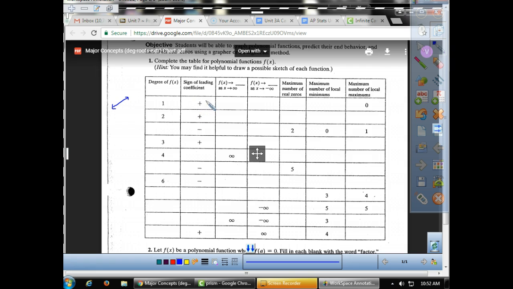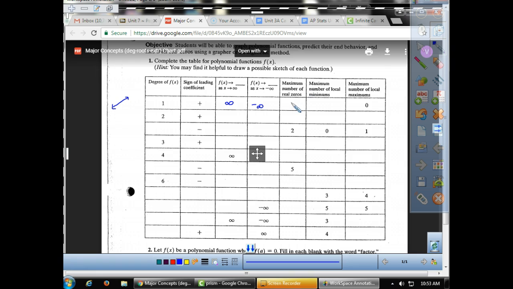If the sign of the leading coefficient is positive, that's what your end behavior would look like. Fill in the box here. It's kind of reverse from how it's usually written. This is saying as x goes to the right, what is your y doing? Positive infinity. And the other one would be negative infinity.